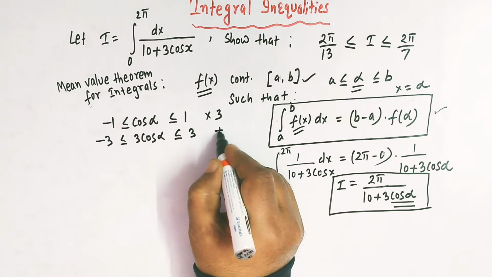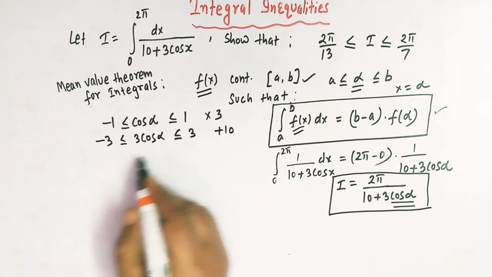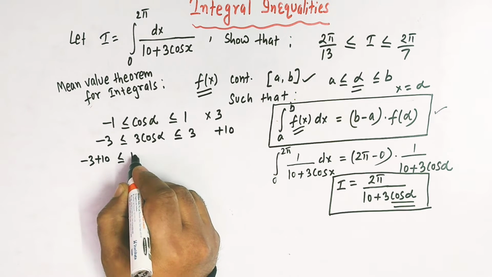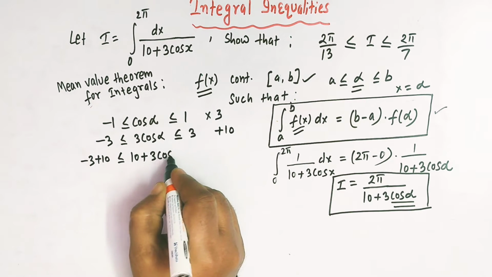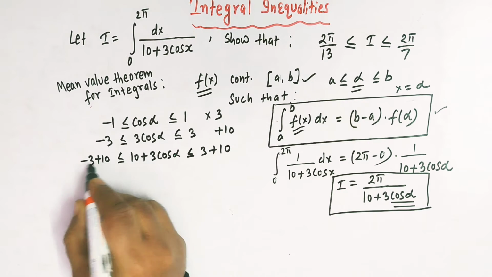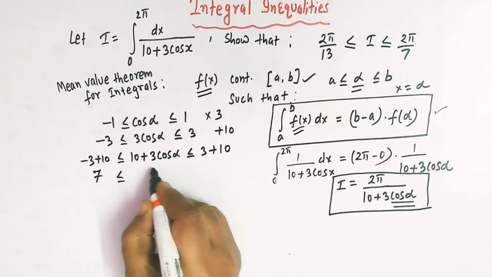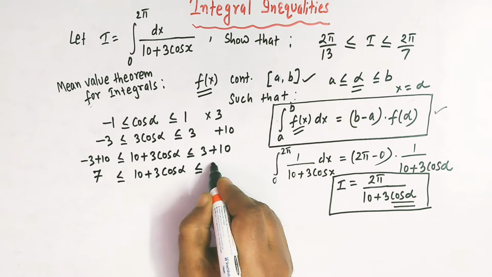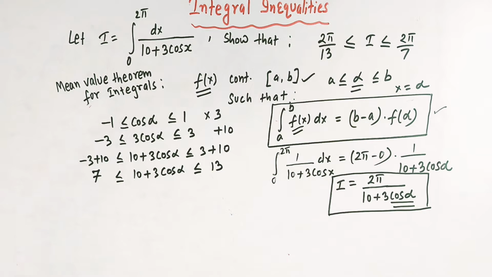Now let us add 10 throughout this inequality. So we have -3 plus 10, which is 7, then 10 plus 3 cos alpha, and then 3 plus 10, which is 13.